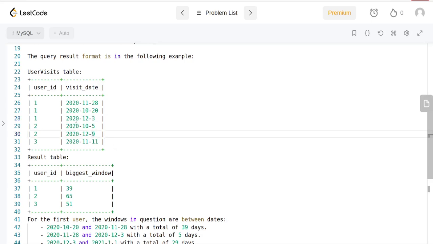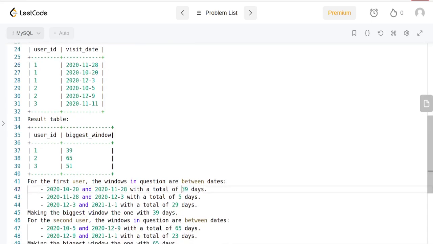We ask what is the date when he first visited. The first visit is October 20th. Did he visit any other time? Yes, 2 more times. The difference between this one and this one is 39 days.